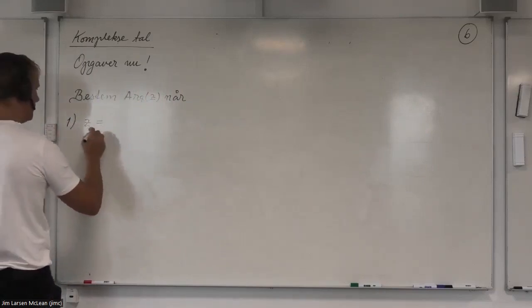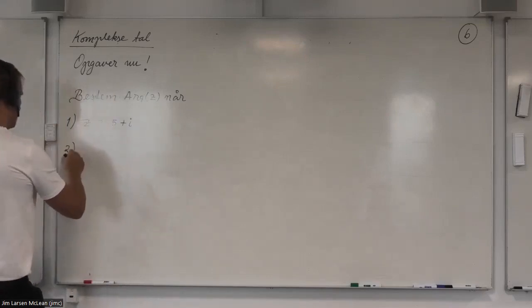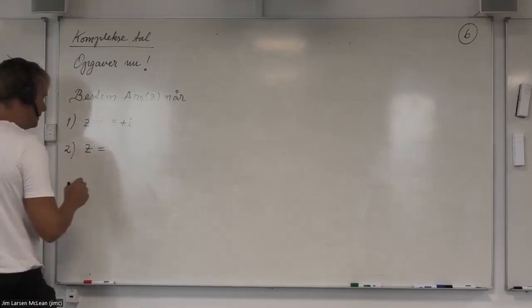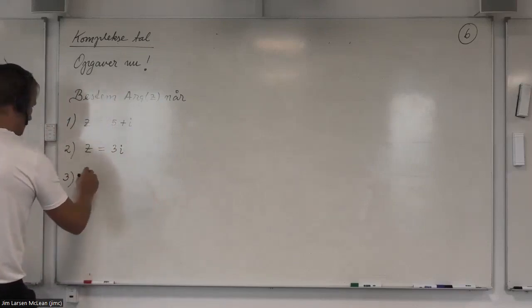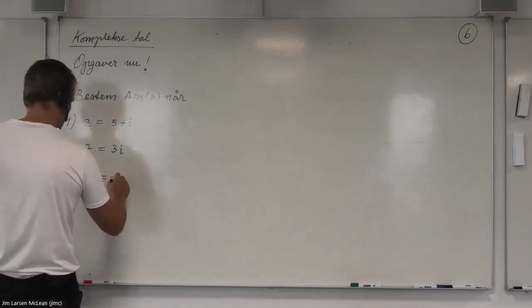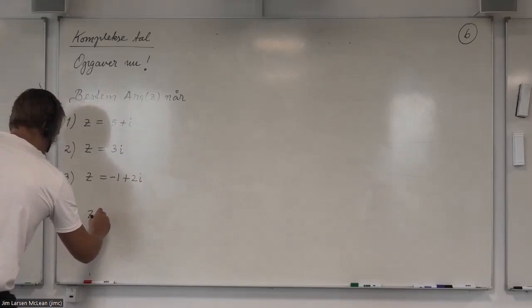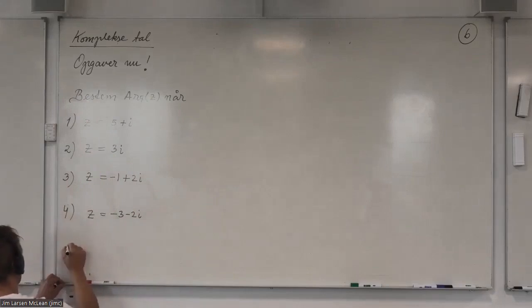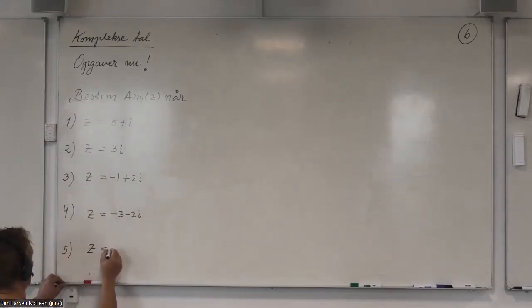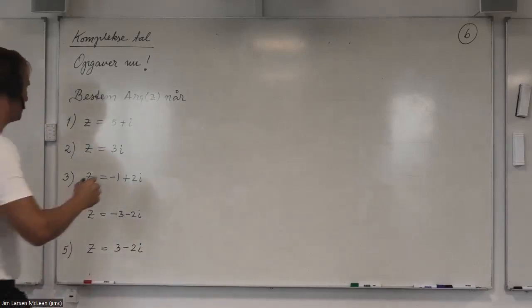Z is equal to 5 plus i. Z is equal to 3i. Z is equal to negative 1 plus 2i. Z is equal to negative 3 minus 2i. I'll just take a couple more.